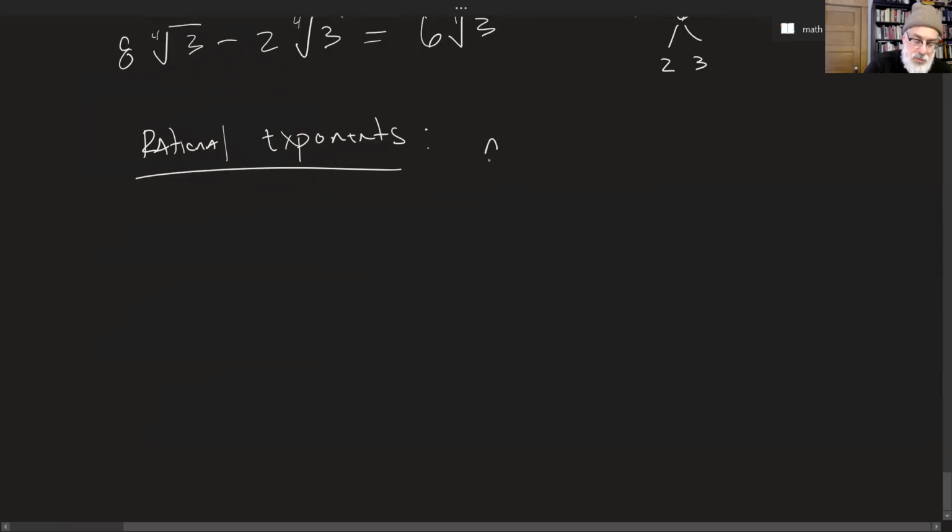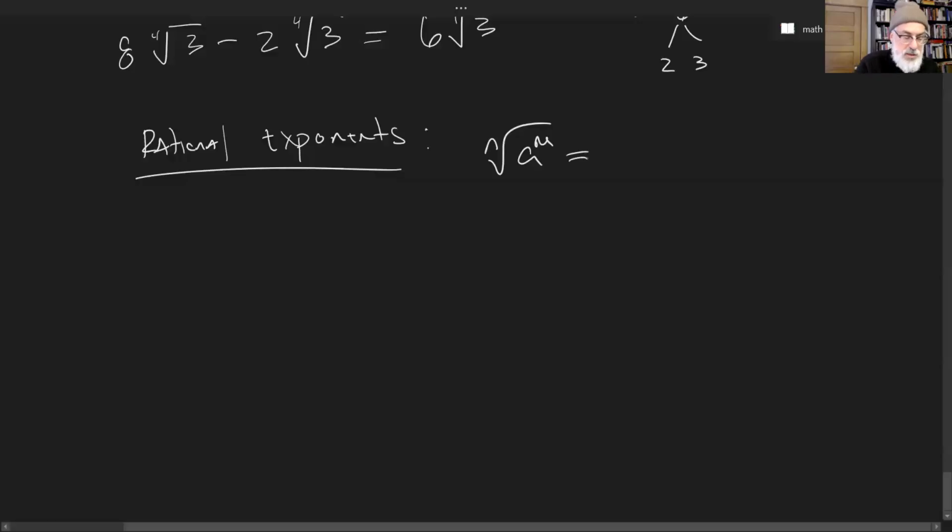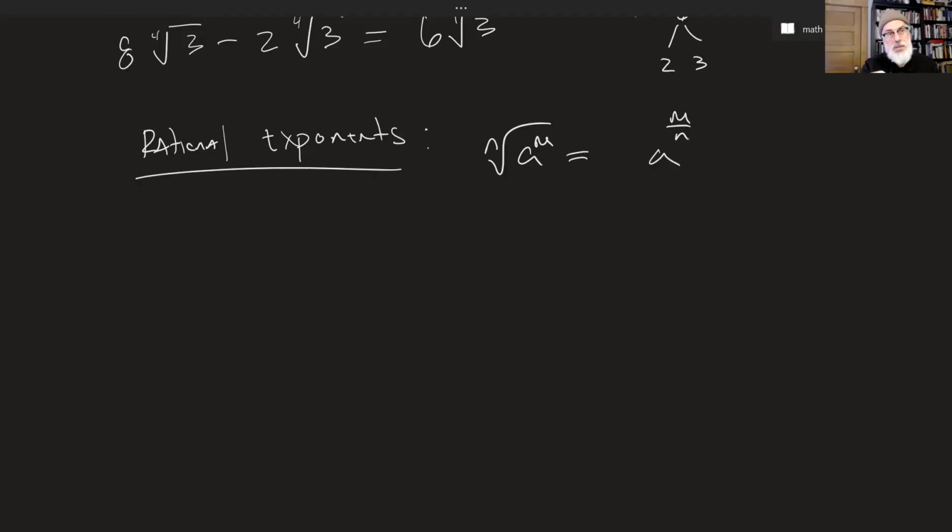If I have the nth root of a raised to the power of m, I can write this as a raised to m divided by n. In other words, I take the root as the denominator, and the power of m is the numerator of a fraction.